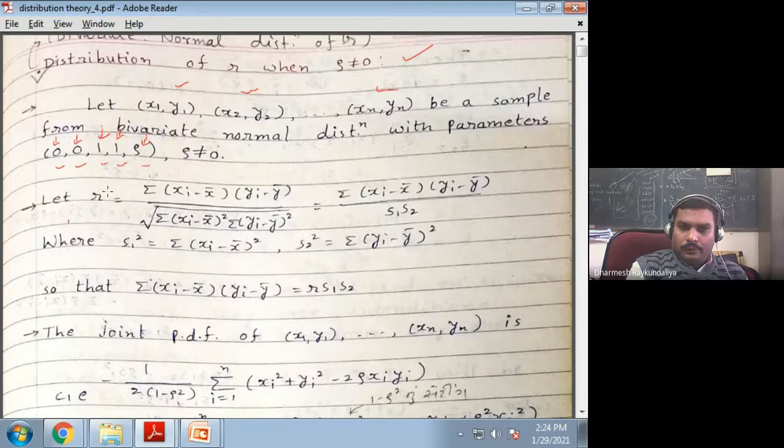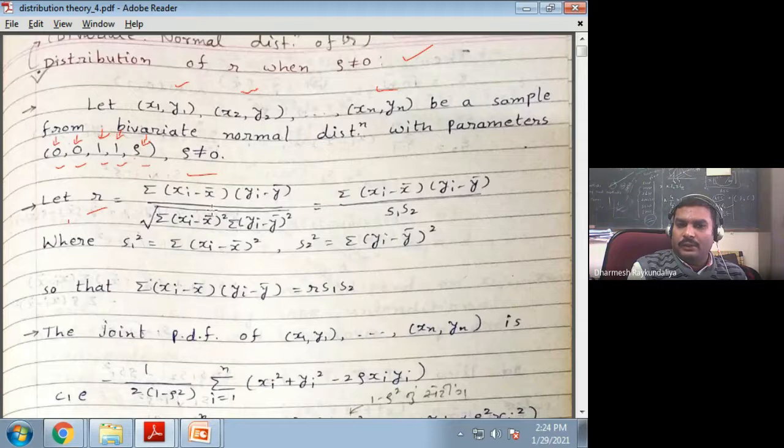So we wish to obtain the distribution of R. R is the sample correlation coefficient, defined by the summation xi minus x bar into yi minus y bar, divided by the square root of summation xi minus x bar square and summation yi minus y bar square.